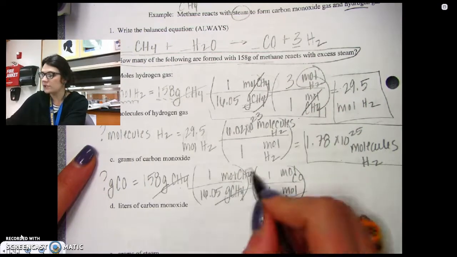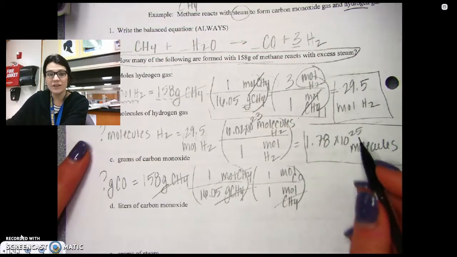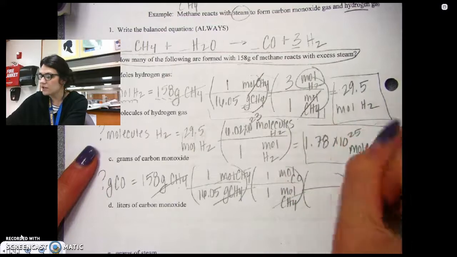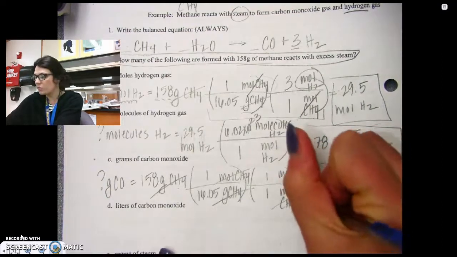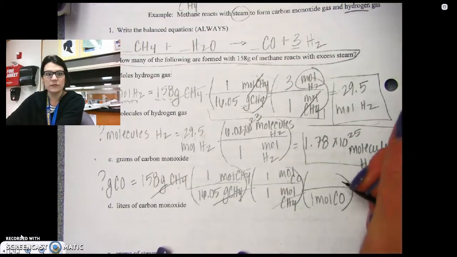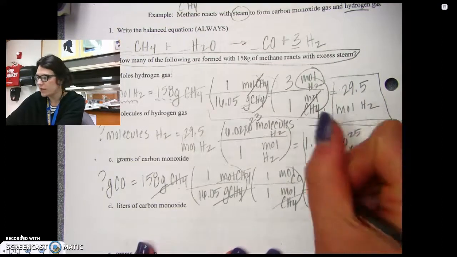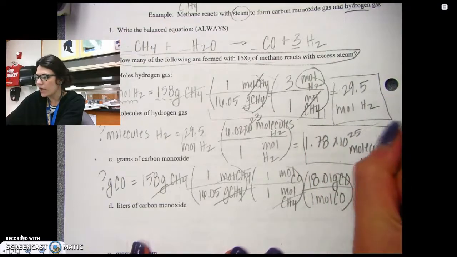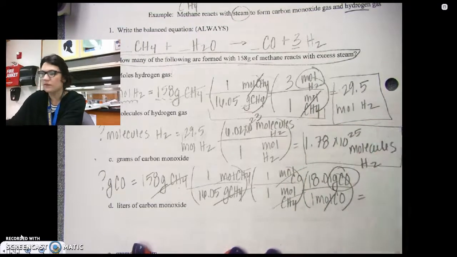So moles of CH4 cancels. Now I can move from moles of CO to grams of CO using another conversion. For every 1 mole of CO, it's going to be 12 plus 16, which is 28.01, sorry, 28.01 grams of CO. Okay? So moles cancels, I'm left with the mass.